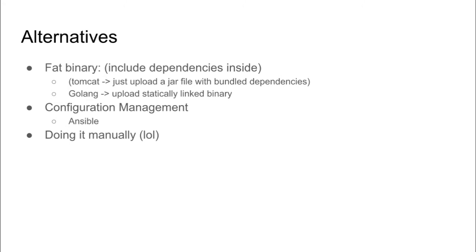For example, if you deploy your work using Tomcat and just upload a jar file with bundled dependencies, the state of the OS that's running there matters a lot less than if you were deploying some other application, because the bundled dependencies are already inside the jar file. So it's less of an issue.